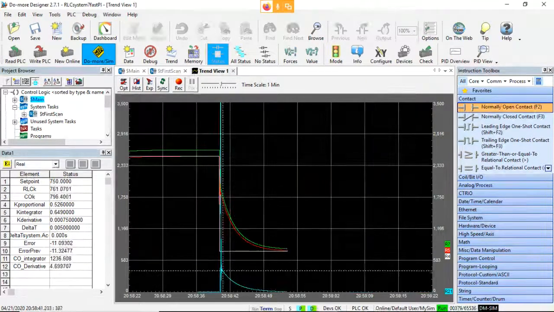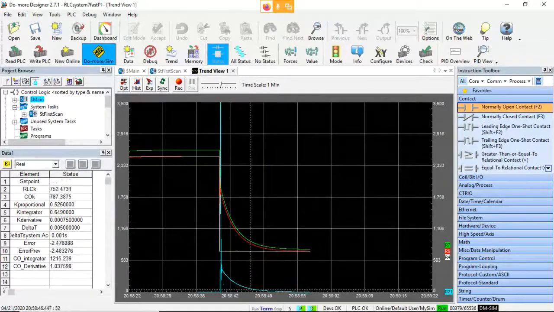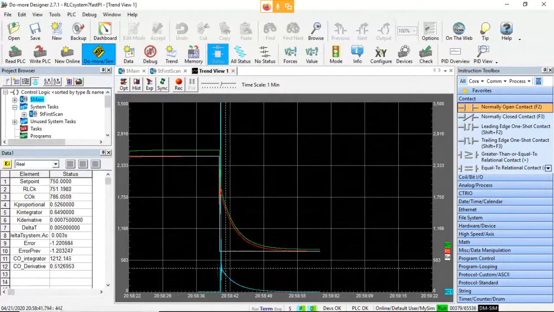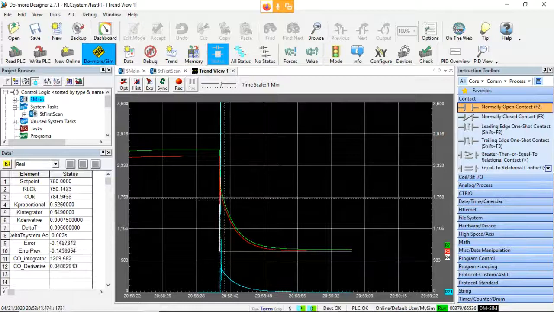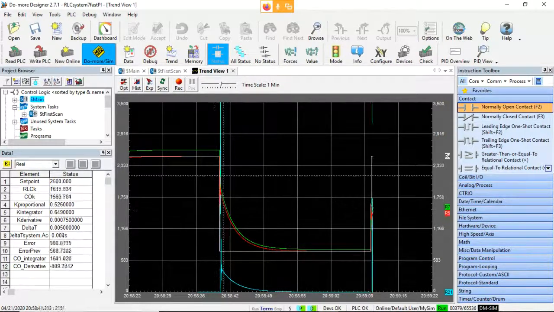It was bouncing around, and now you can see the change is dropping to 0. So that derivative piece will spike. It gives us that quick reaction to changes. So it goes up and it goes down.